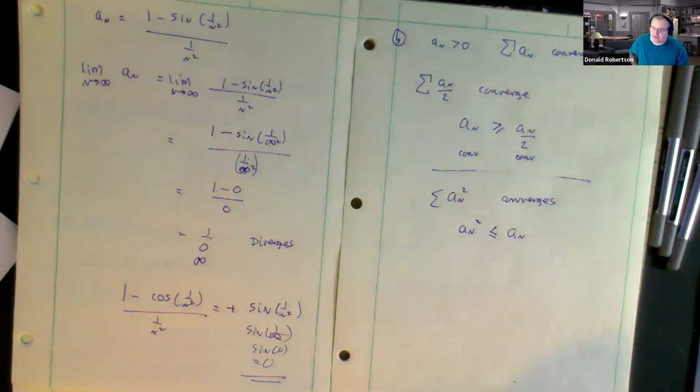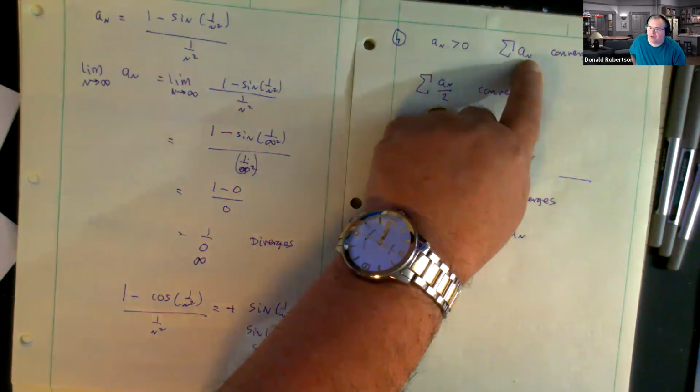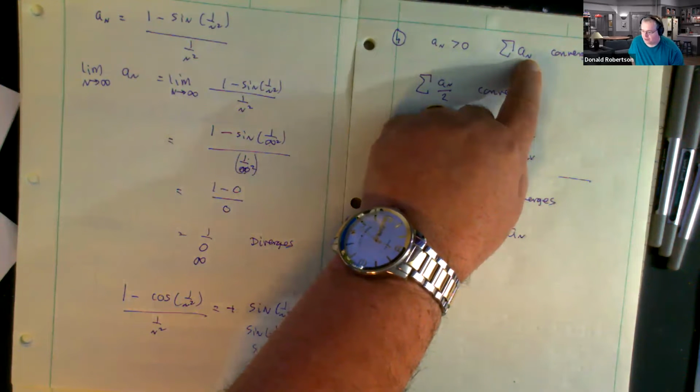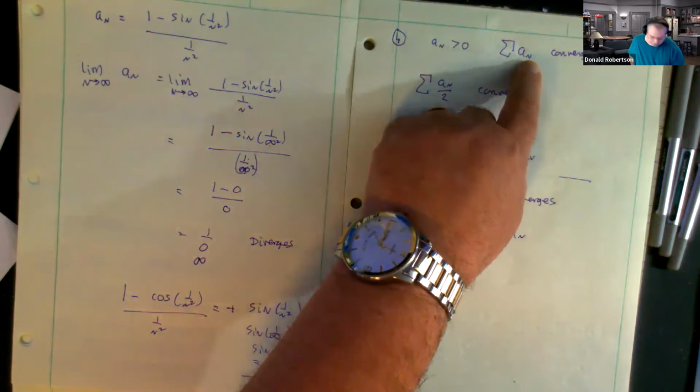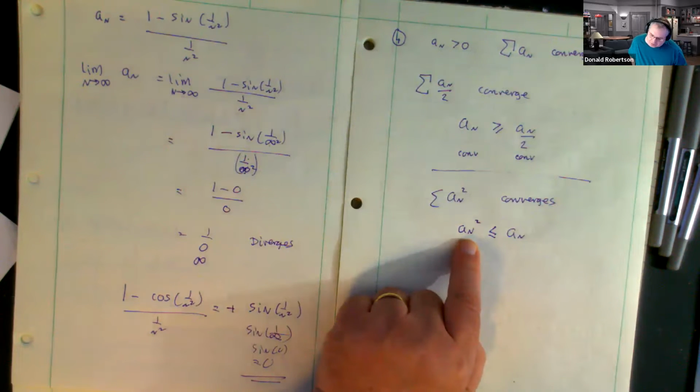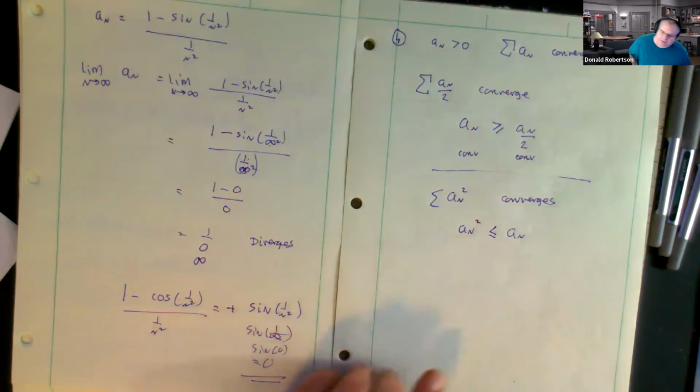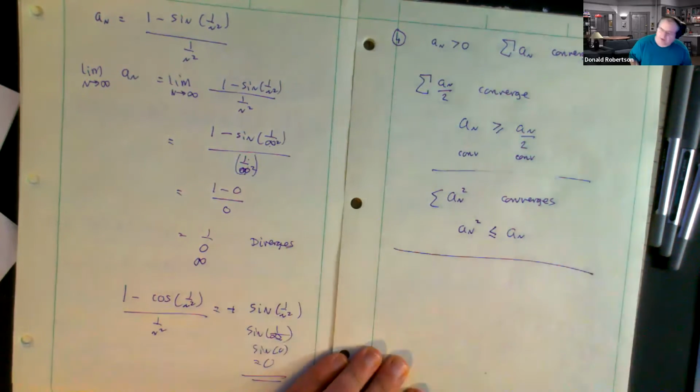But since this converges, doesn't there come a point in time when these numbers are definitely less than 1 and getting really, really small? I mean, that's the only way you could converge. So if you square a very small number, doesn't it become even smaller? And it is smaller than something that converges. That's the argument for why that one converges.